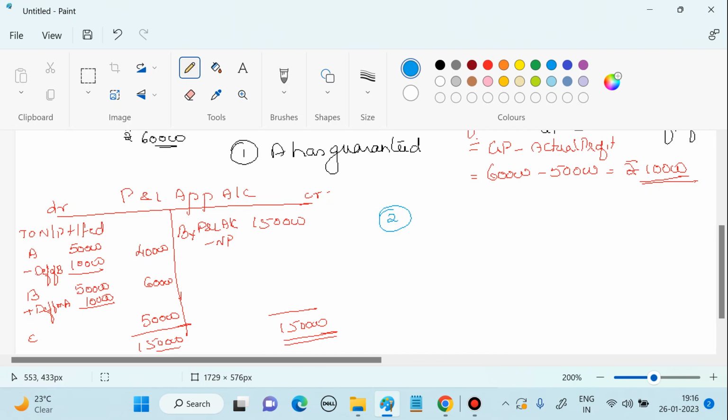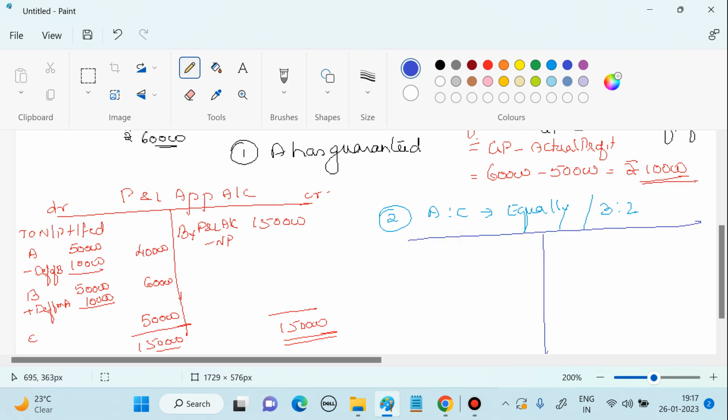Second case, in the question they might say that the other partners A and C have guaranteed to share the deficiency equally, or in a particular ratio, any ratio, 3:2, some ratio they have said they will share it. Then in such circumstance, what would happen?